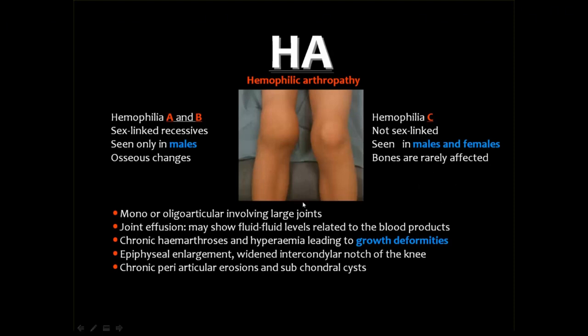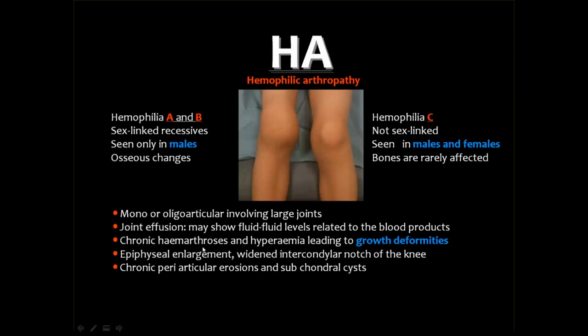Hemophilia may affect a single joint or multiple joints, particularly the large joints, especially the knee. There may be a joint effusion, which may show a fluid level due to the presence of bleeding inside the joint.